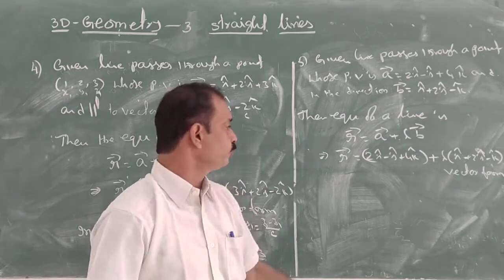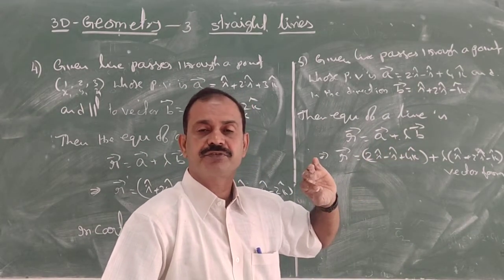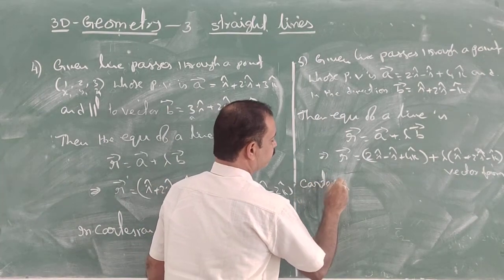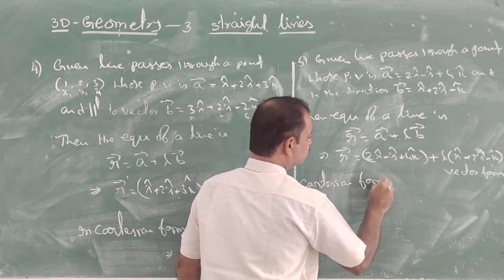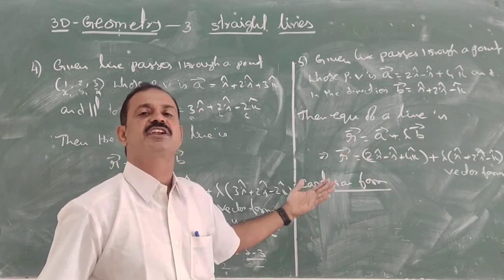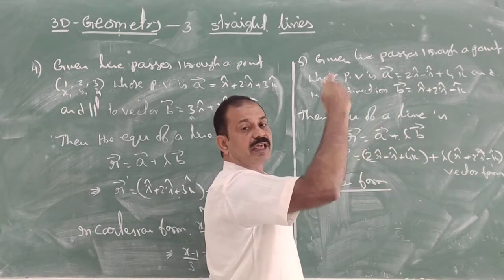If you want to do it in Cartesian form, what you have to do? Either you can apply the formula, or from this also you can directly extract. How will it be? Substitute what is R? R is nothing but what?